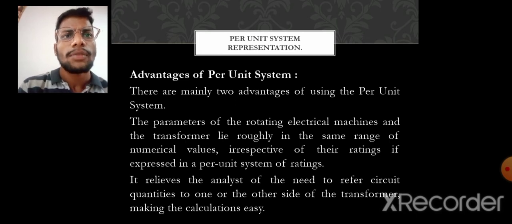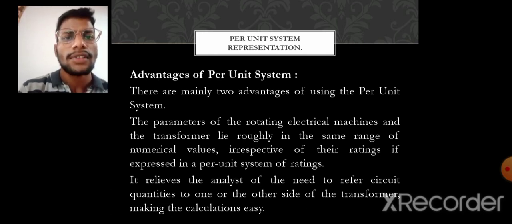And coming to the advantages of the per unit system, there are two advantages of using it. The parameters of rotating electrical machines and transformers lie roughly in the same range of numerical values irrespective of their rating when expressed in a per unit system of ratings.